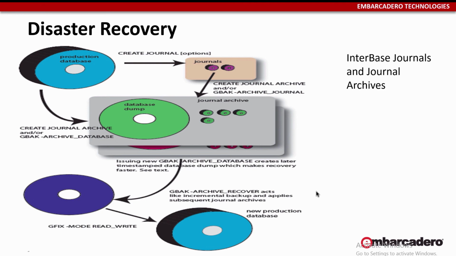But the archive can also be on the same computer if you worry about disk failure. Then you can use a third drive letter. So the database, the journal, and the archive each should go on its own drive, or the archive on a network storage device.